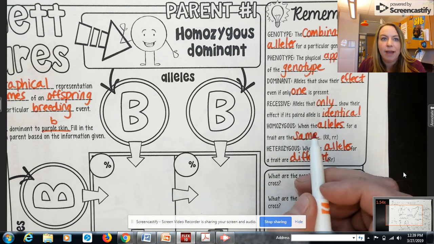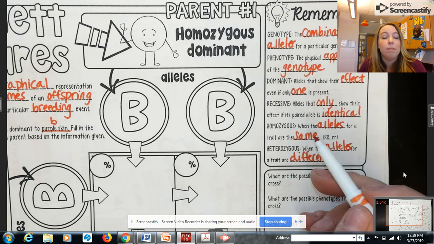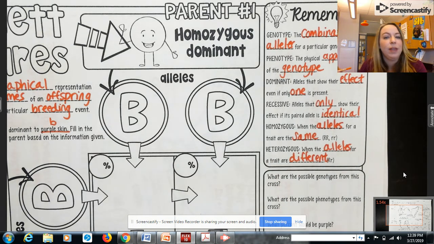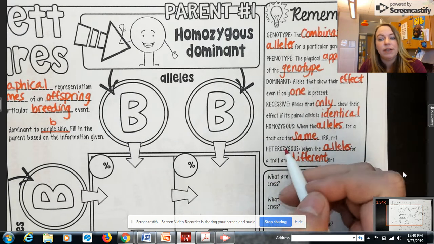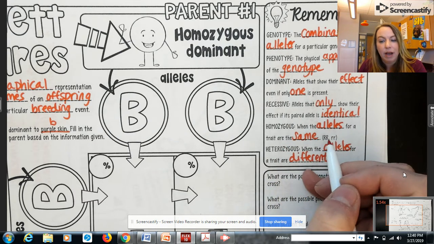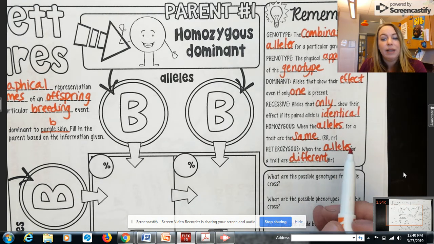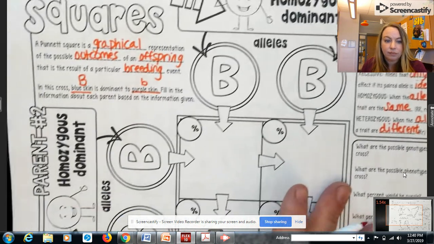And we talked about that in chemistry earlier on when we talked about mixtures and homogeneous mixtures, where everything looks the same. Heterogeneous mixtures, you can see the different parts. So in homozygous, that's when the alleles for the trait are the same, like big R, big R, or little r, little r. And in heterozygous, that's when the alleles for the trait are going to be different. So big R, little r is heterozygous.